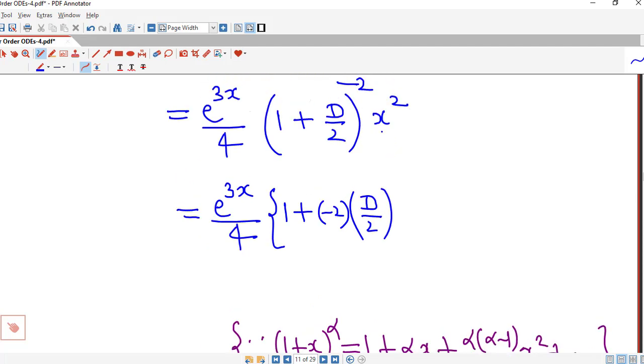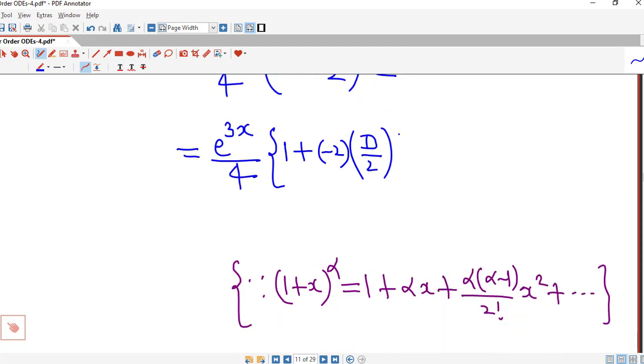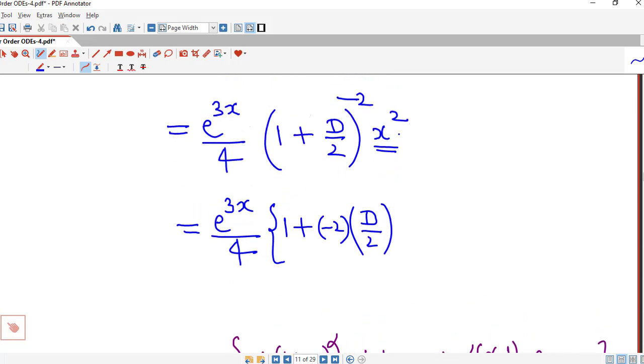And because we have x square here, we will consider terms up to d square only. So this is 1 plus alpha into x, then alpha, that is minus 2, into alpha minus 1, that is minus 2 minus 1, minus 3, divided by 2 factorial into x square, which is square of d by 2.